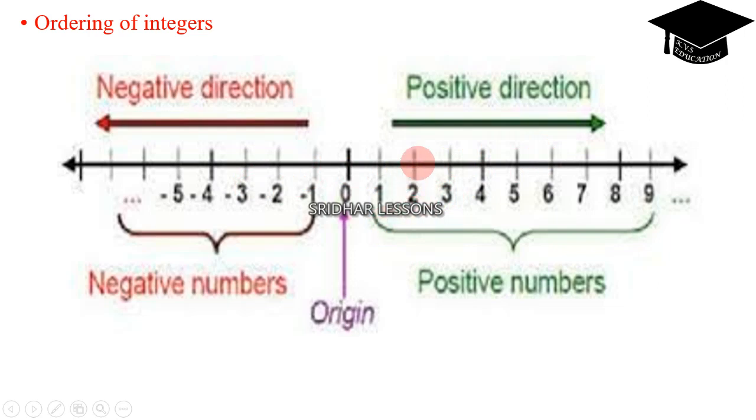In the positive direction we have positive integers, and in the left side, that is in the negative direction, we have negative numbers represented with -1, -2, -3, -4, etc. This is the ordering of integers.